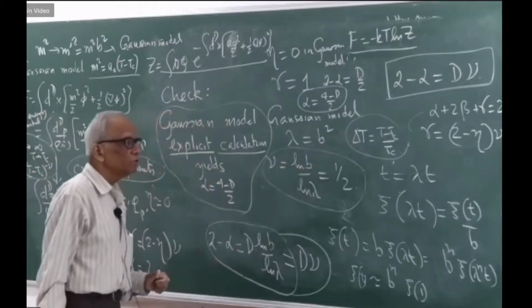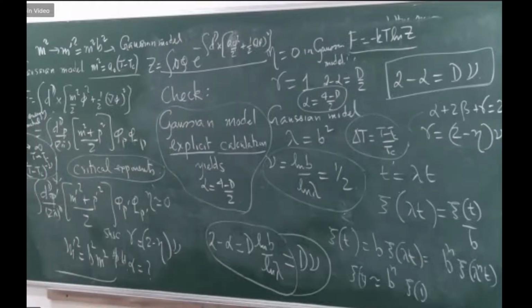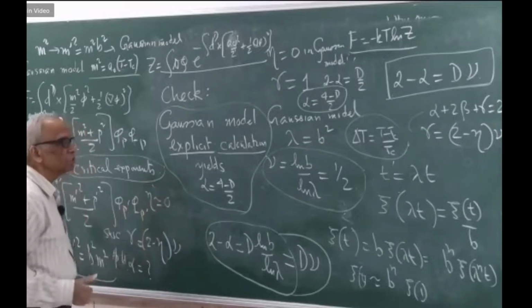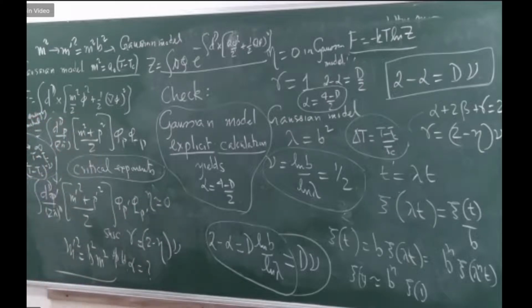scaling variable, this delta t, and the fact that there is a correlation length which becomes very big, and things are being determined by the correlation length as the unit which sets the scale for the problem. So this correlation length has set the scale for the problem.